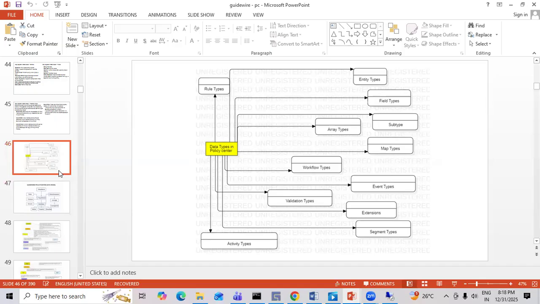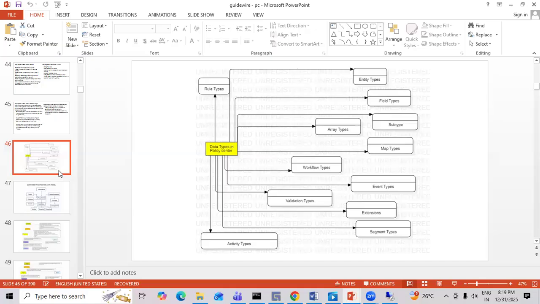Entity types, field types, subtypes, array types, map types, workflow types, event types.